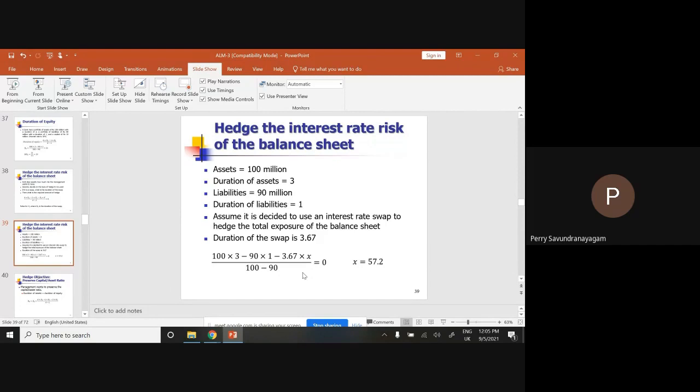I can enter into an interest rate swap to pay fixed, meaning that I am now going to go out there and hedge my portfolio by borrowing 3 year liabilities at a fixed rate.